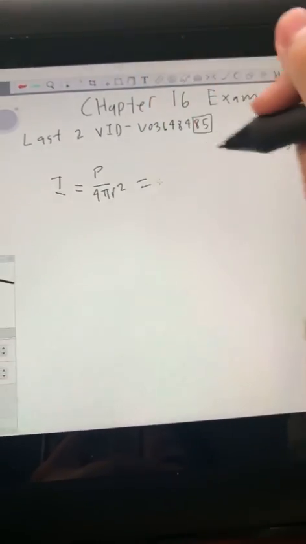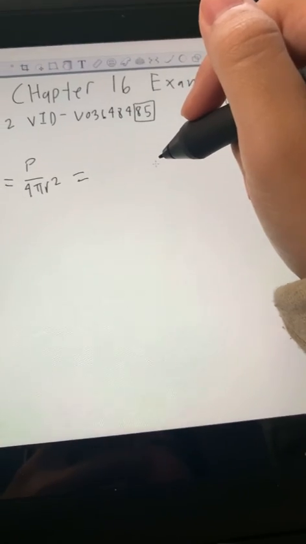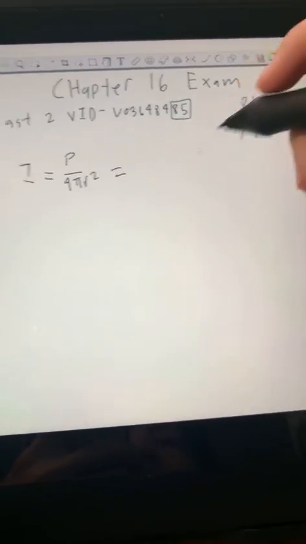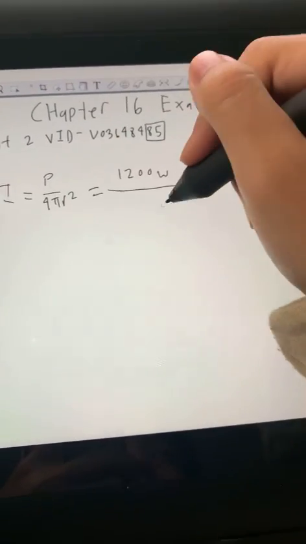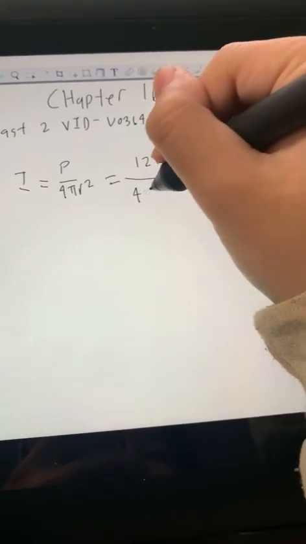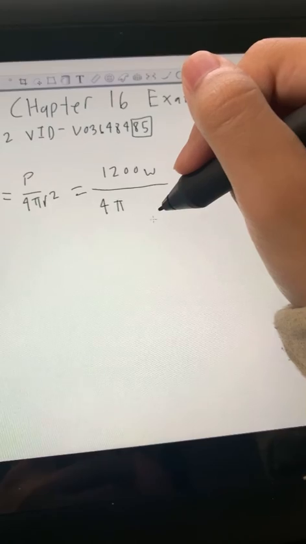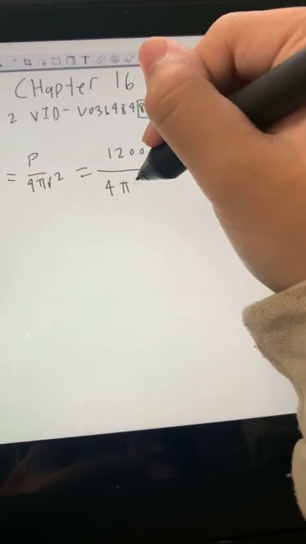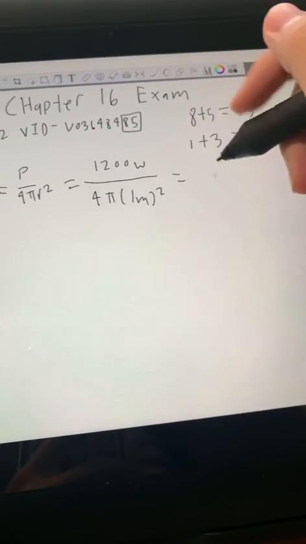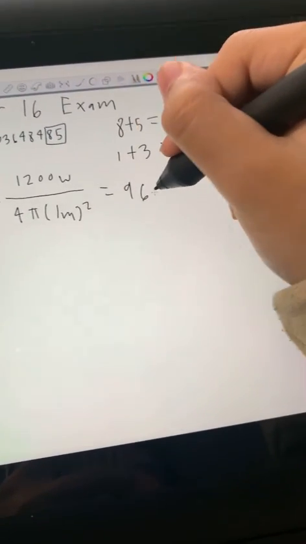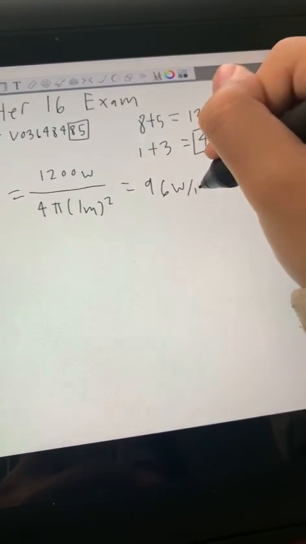Filling in these values, P is given to us as 1200 watts. So it'd be 1200 watts over 4 pi, and the distance is given as 1 meter in the problem, so 1 meter squared, and this would equal 96 watts per meter squared.